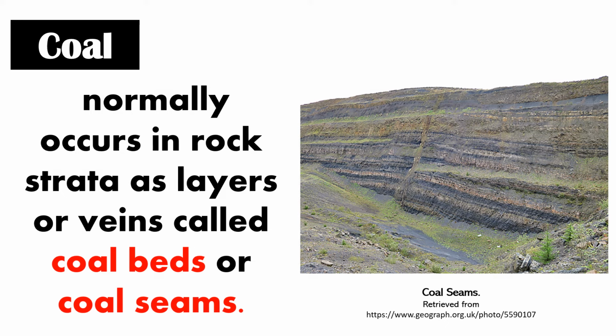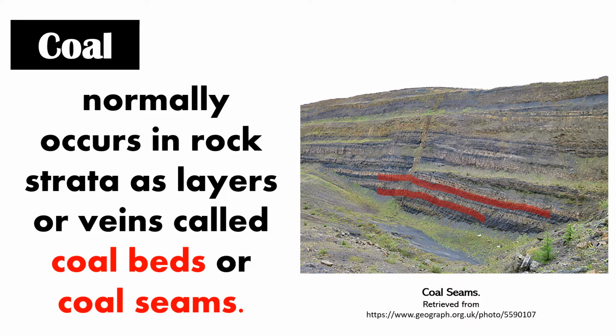Coal normally appears as coal beds or seams. So in this picture, they are the layer embedded between the different layers of sedimentary rock. So ito, ang kulay black na to, is technically a coal seam or a coal bed. So it is in between different layers of rocks, which infers na nabuo ang iba't ibang layer in different periods of time.